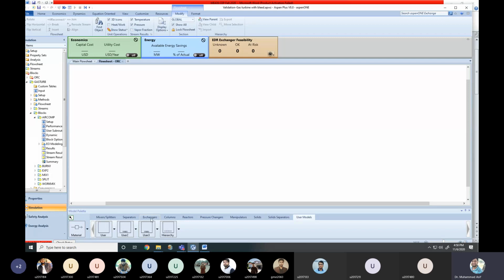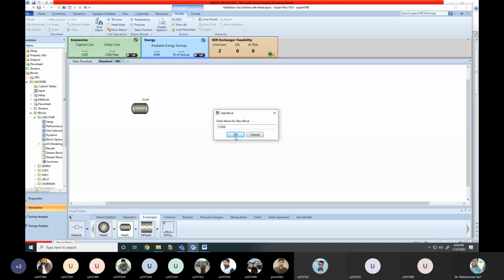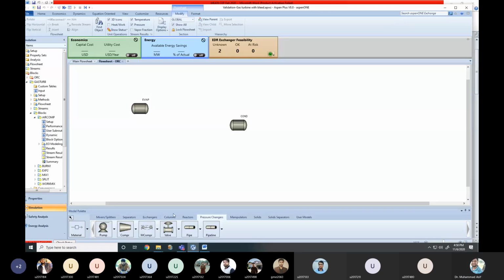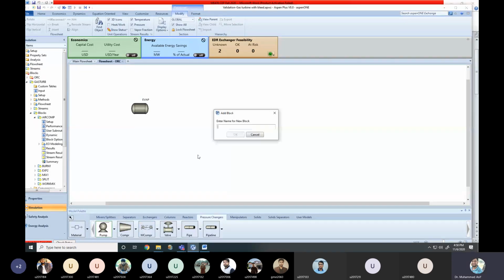ORC means there will be the heat exchanger, let's say the evaporator, the condenser, and, let's say, a pressure changer, let's say a pump. So let's say three components, and you simulate in that.